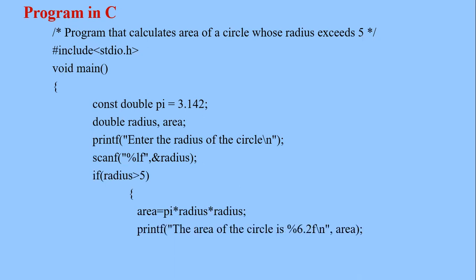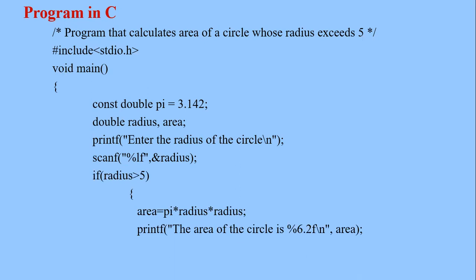Then print the following statement on the screen. Print the area of the circle is, pick what is in the memory location called area, format it in 6 characters with 2 of them being reserved for the fractional part. So the area of the circle is, for example, 99.62.